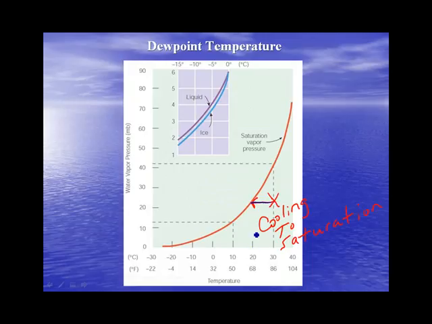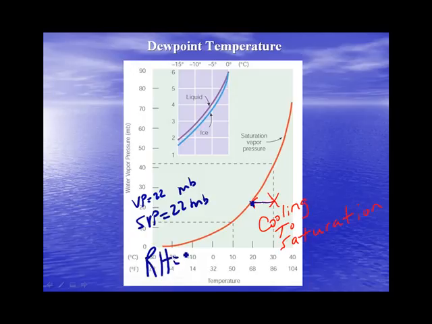So in this particular example, if we have an air parcel sitting on the saturation vapor pressure curve, its actual vapor pressure is about 22. So vapor pressure is 22. Since it's on the saturation vapor pressure curve, its saturation vapor pressure is also 22 millibars. And so we take relative humidity.